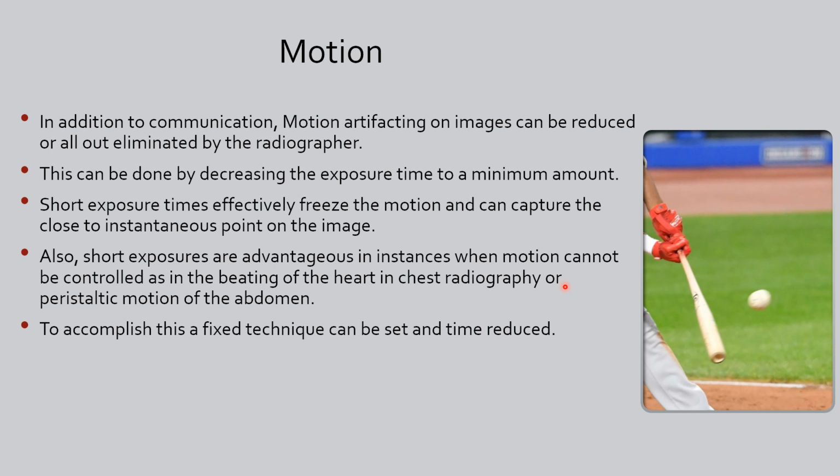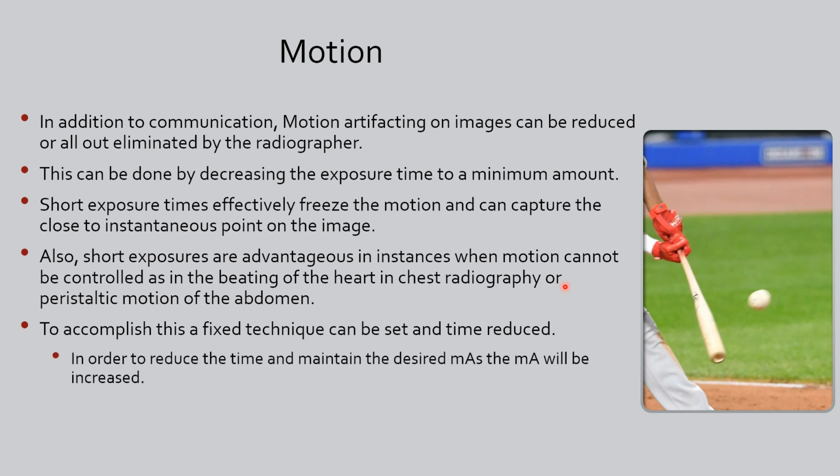To accomplish this, a fixed technique can be set and the time can be reduced. In order to reduce the time and maintain the desired mAs, the mA will need to be increased, right? So if we want the shortest time, we need to increase the mA, probably the highest that is allowable by the equipment.